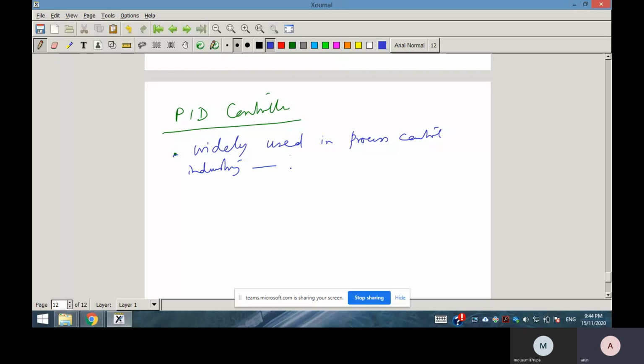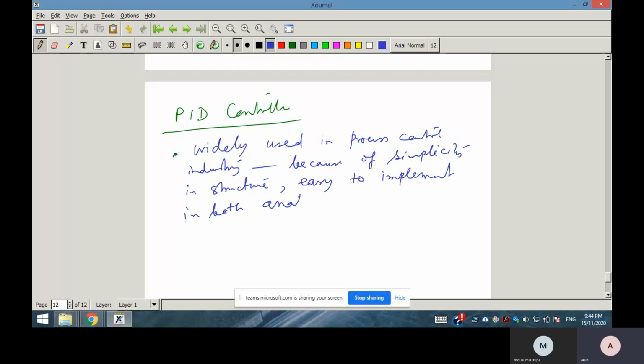Widely used in industry. Why? Because of simplicity in structure, easy to implement in both analog and digital fashion.